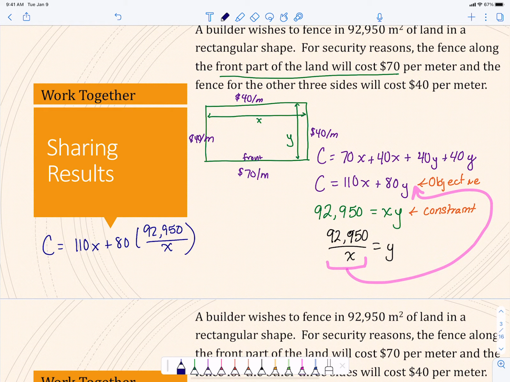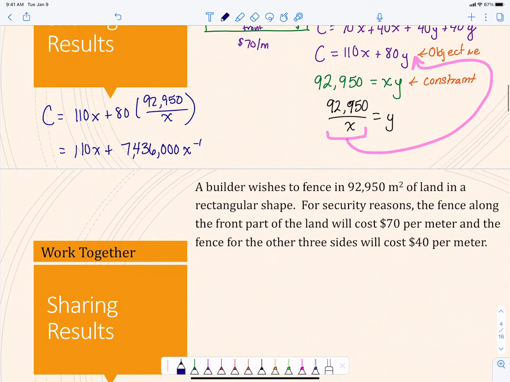92,950 over X. We can rewrite this a little bit so that it's easier to take the derivative. If we multiply that 80 times our 92,950, we get 7,436,000 times x to the -1.